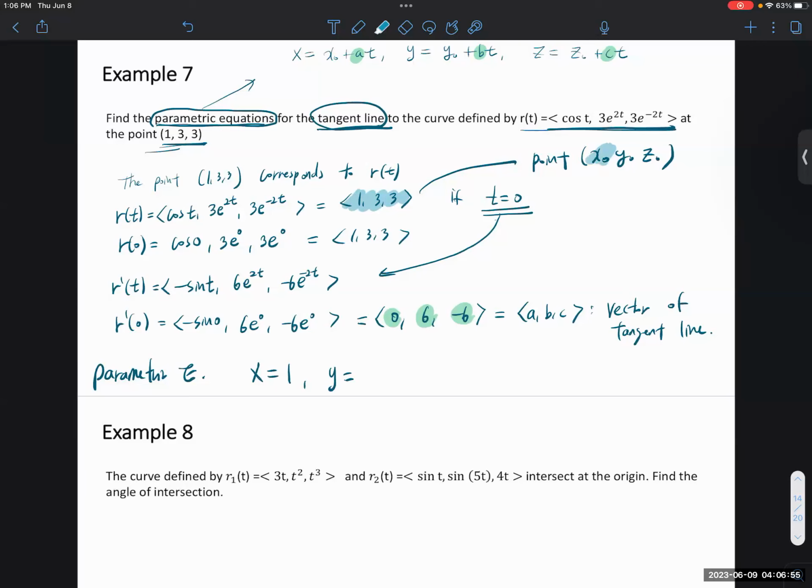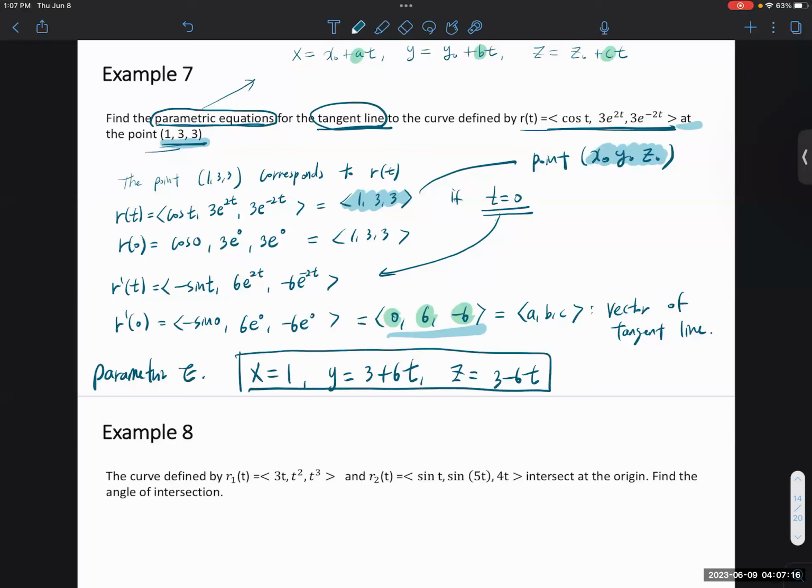This is x0, y0, z0 at here. And then this is your a, b, c, the vector on the tangent line. So therefore, y is going to be 3 plus 6t, z equal to 3 minus 6t. So this is a parametric equation of the vector-valued function.